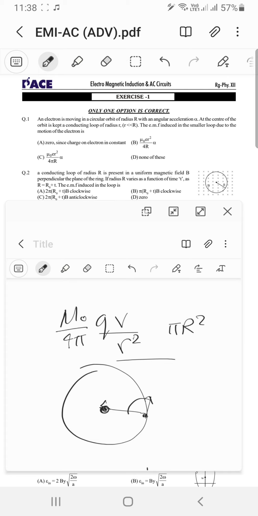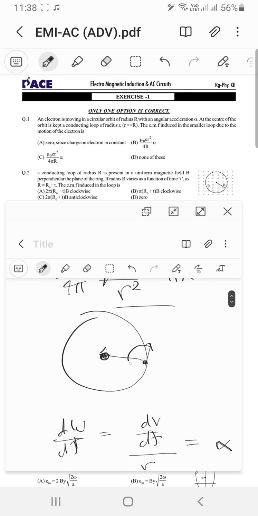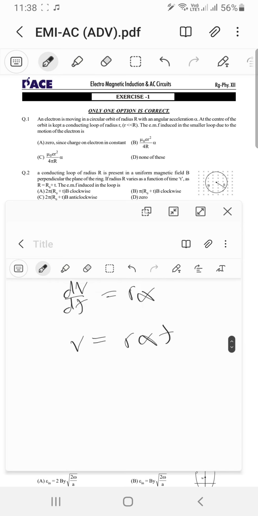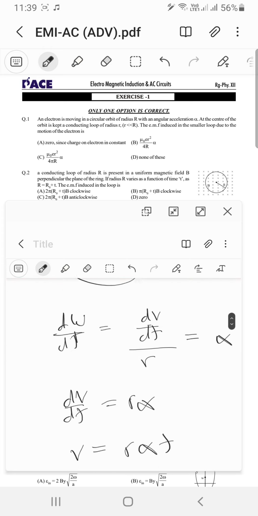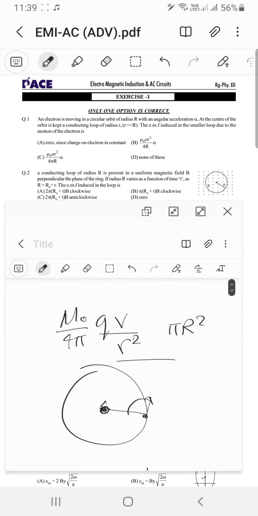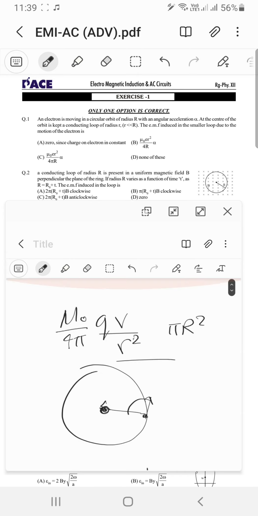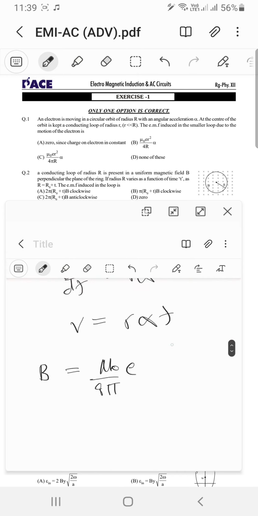So what are they saying? The EMF induced. Okay, fine. So our magnetic field is going to use this formula: mu naught upon 4 pi, then q, which is the electron charge E, then v is just this thing, r alpha t, upon r squared, and that times pi r squared.